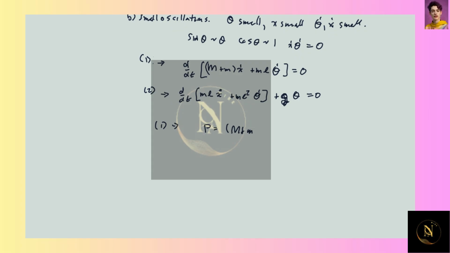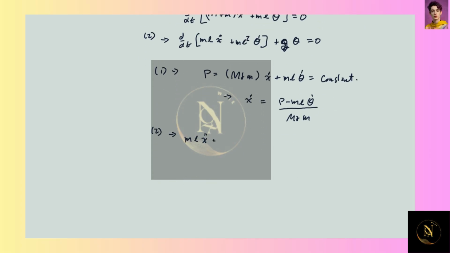And we can write x dot in terms of it. Okay? And now I can put that back into equation 2.